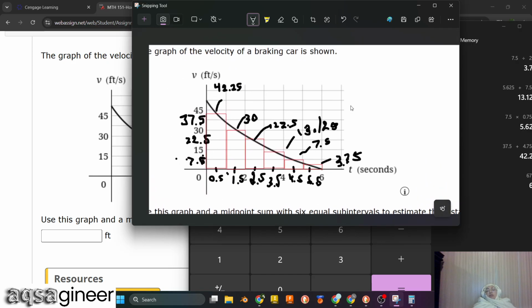So then, aren't I supposed to take these numbers? Isn't this supposed to be the rate of change, or I don't really know. I thought it was supposed to be a right-handed Riemann sum.